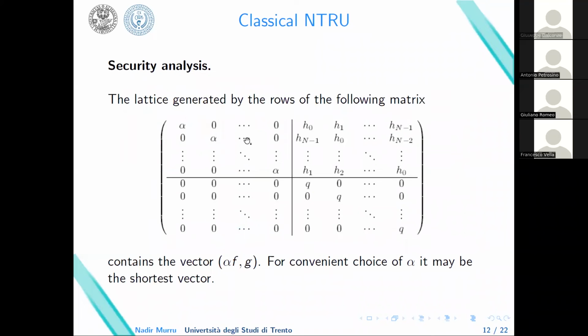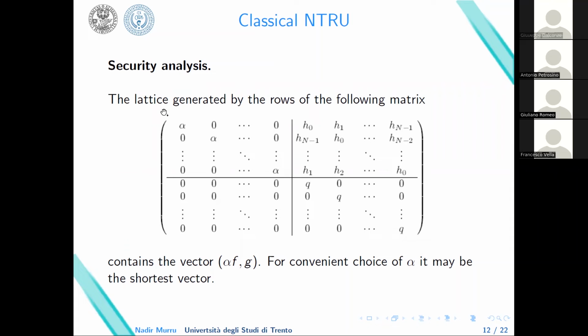Okay. We can see also the reason why the classical NTRU scheme belongs to the family of lattice-based schemes. Indeed, one attack can be performed exploiting the theory of lattices.